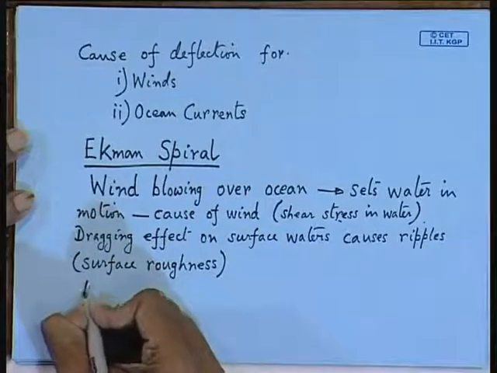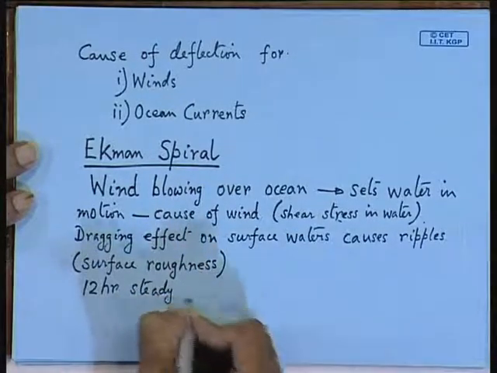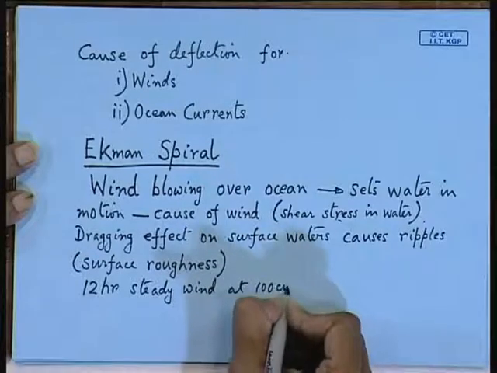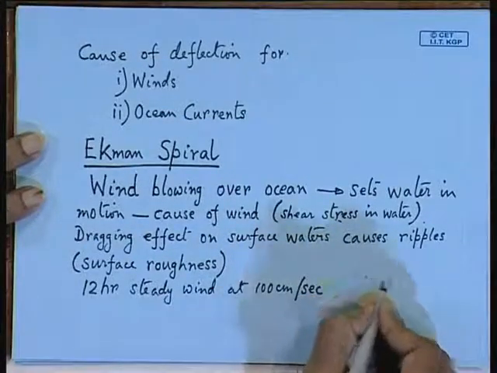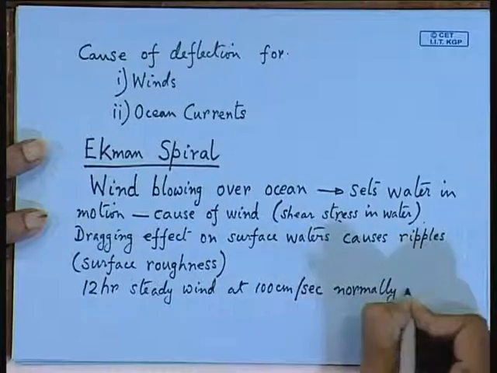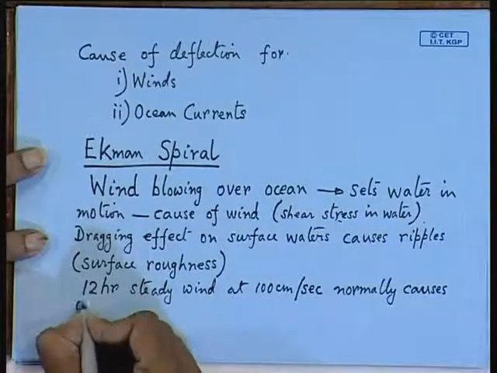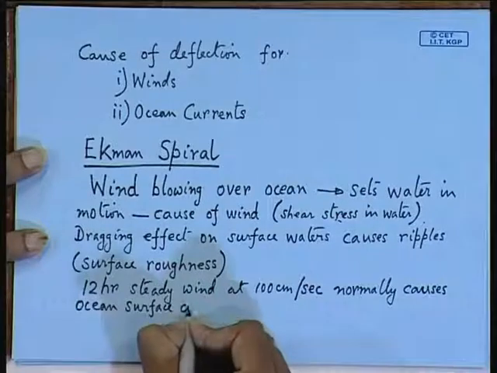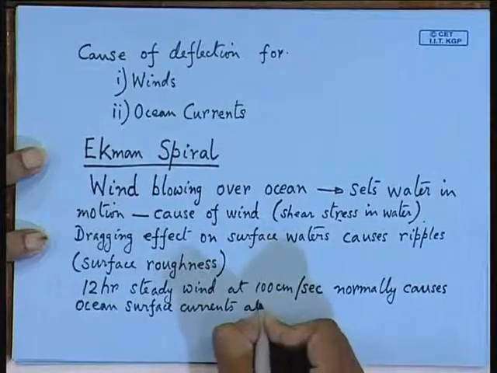Now, 12-hour steady wind at 100 centimeters per second normally causes ocean currents, or rather ocean surface currents, at 2 centimeters per second.